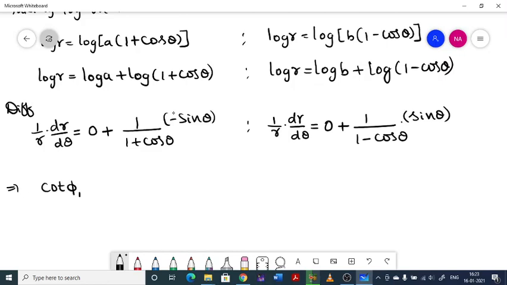Since we have two curves here, I'll write it as cot phi 1. Cot phi 1 equal to minus sin theta. As I said in the previous classes, you have to use the half angle formula. So this I can write as 2 times sin of theta by 2 into cos of theta by 2 divided by 1 plus cos theta, that is 2 cos square theta by 2.